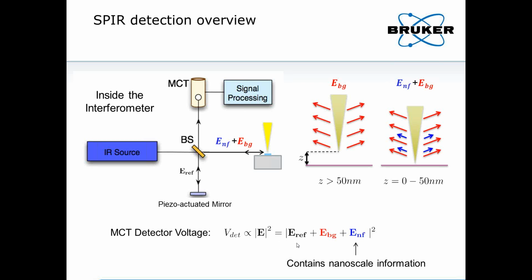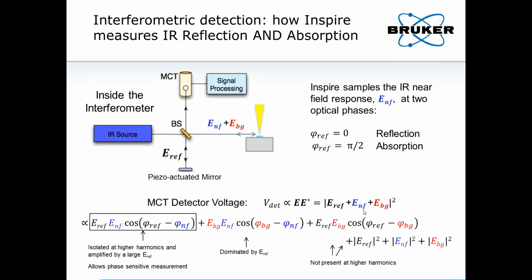But the intensity is composed of the vector sum of all three of these electric fields, which have their own respective phases, and it's that sum squared. So on the next slide, if we look at the bottom portion of the slide, this quantity, if we algebraically expand it, has 6 terms. And it's the first term that we're after in the SPIR imaging mode as implemented on the Inspire.